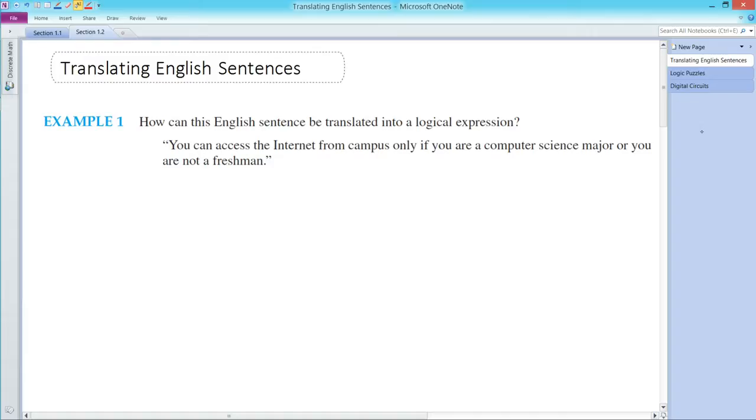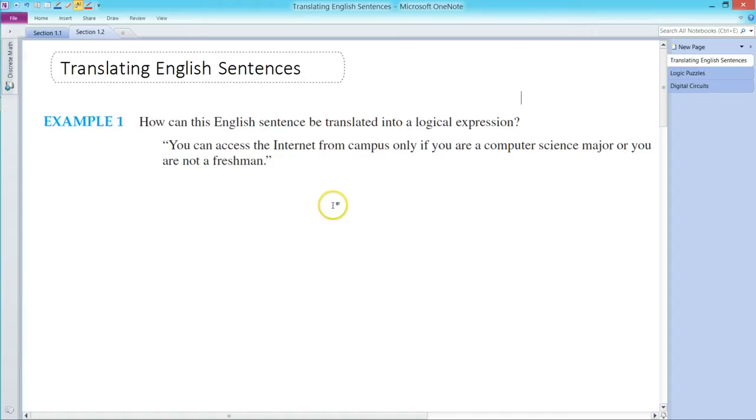Like every language, even the English language is often ambiguous. Translating sentences into compound statements removes the ambiguity, and that's what we're going to see.